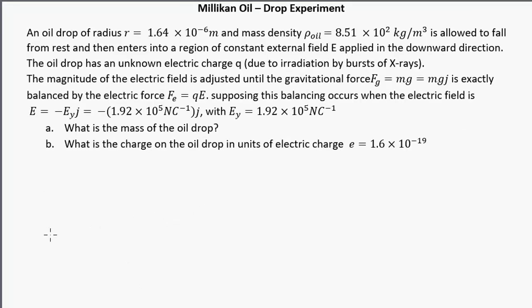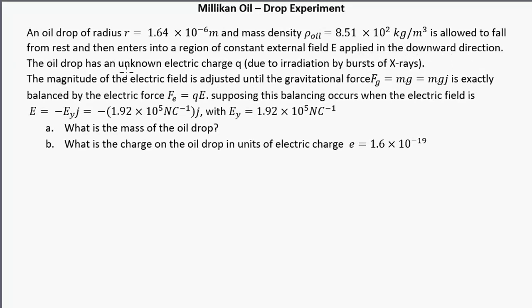So the next question we want to consider is on the Millikan oil drop experiment. So we have here an oil drop of radius 1.64 times 10 to the power of minus 6 meters and mass density, that's rho oil, equal to 8.51 times 10 to the power of 2 kilogram per meter cubed, is allowed to fall from rest and then enters into a region of constant external field E applied in the downward direction.